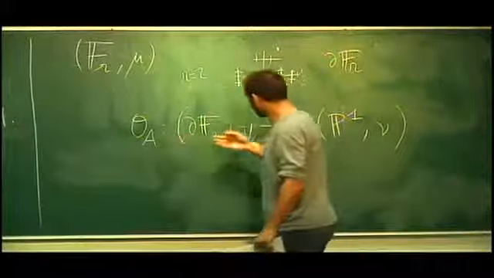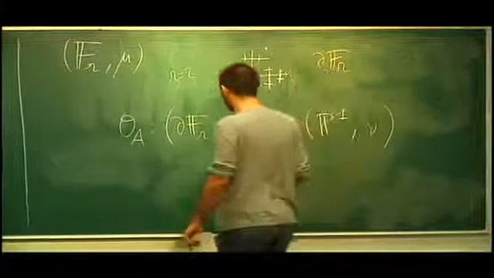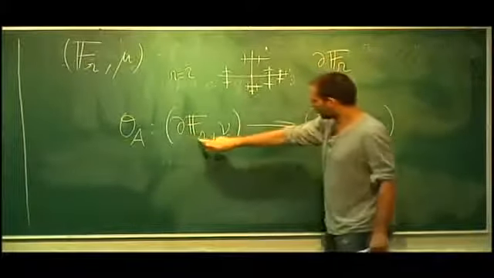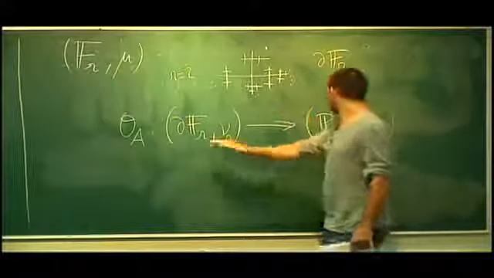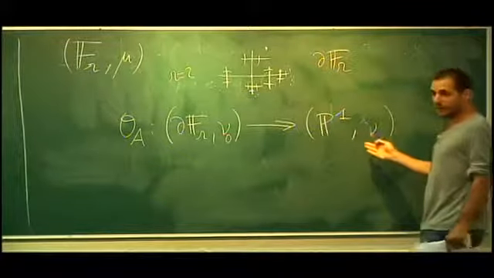And this map is equivariant. Of course the free group acts on its boundary, and here you have the action given by a representation.